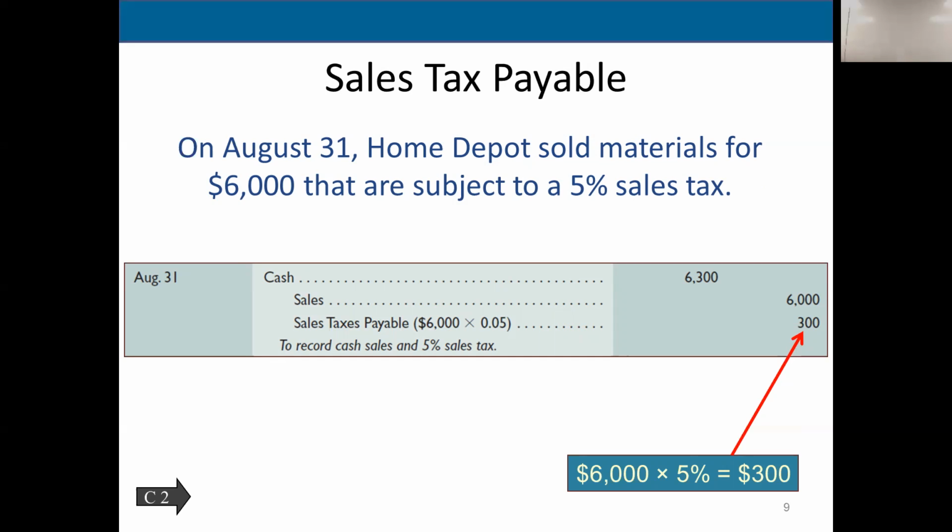At the end of the month, assuming they're on a monthly cycle, they are going to have to send all of the sales tax payable that they have collected. So they would want to be sure that they had sufficient assets to where they could write the check when the obligation was due.